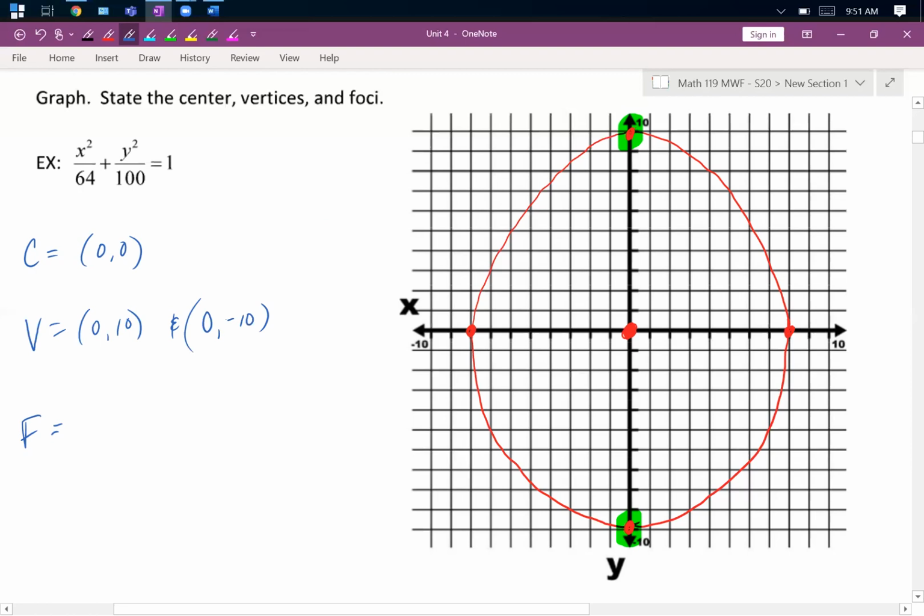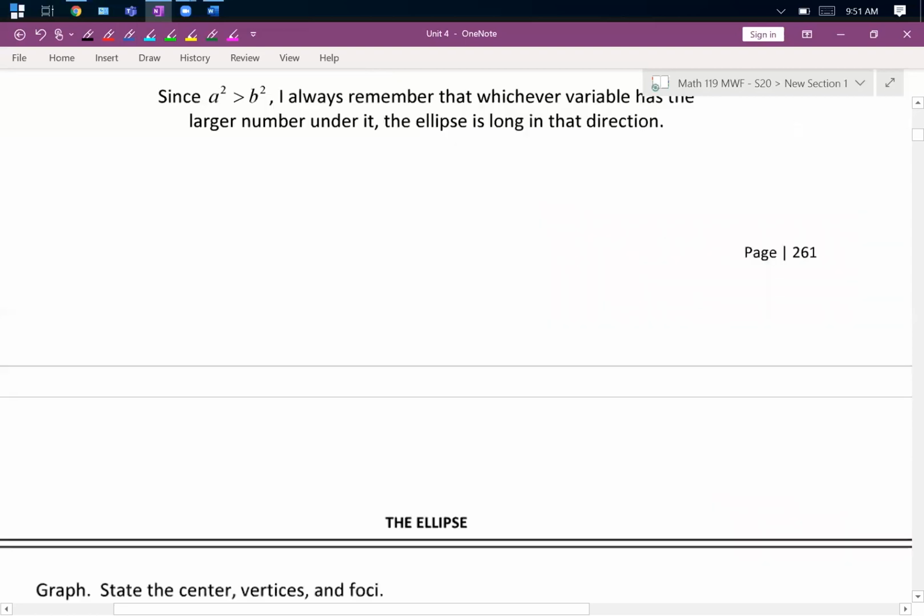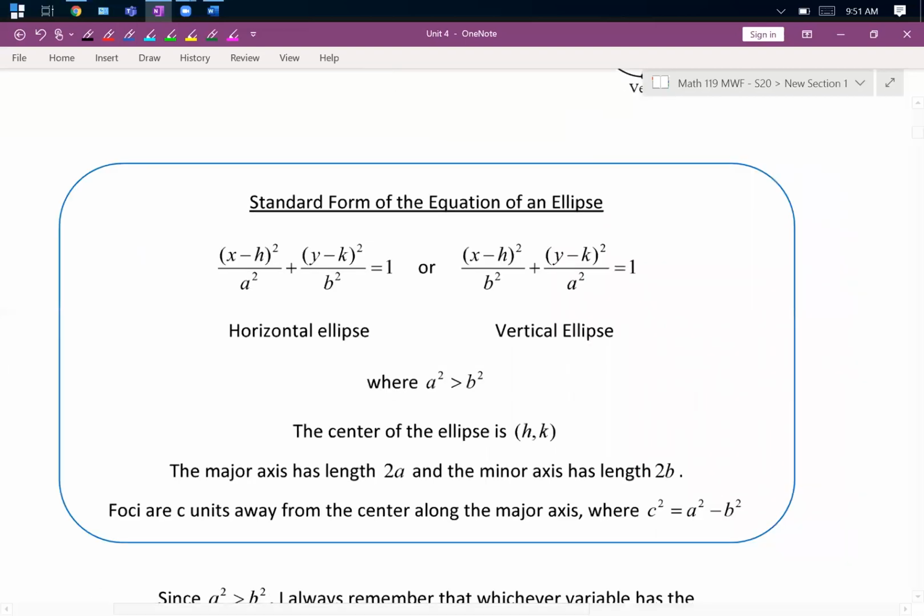We've got to use this little formula up here that says that the foci are c units away from the center, where c squared is equal to a squared minus b squared. Now, as we move through these conic sections, they all have a standard form that looks really similar, and they all have foci that we need to find.